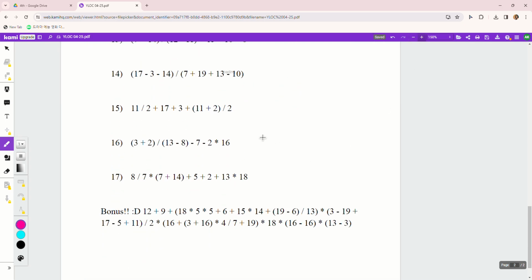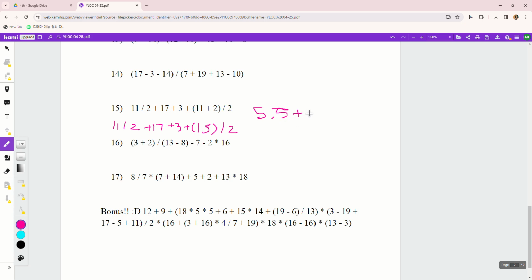Next is number 15. So for this one, you would first have to do 11 plus 2 over here, since parentheses is first. Oh, 13 divided by 2. So starting from 11 divided by 2, 11 divided by 2 is 5.5.